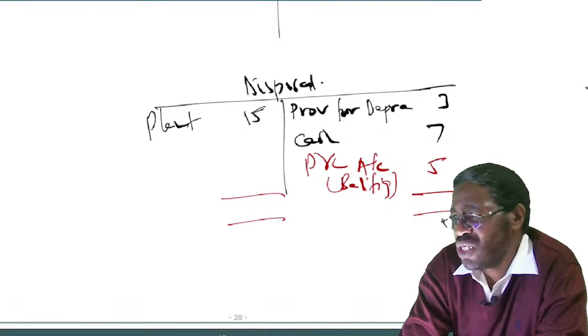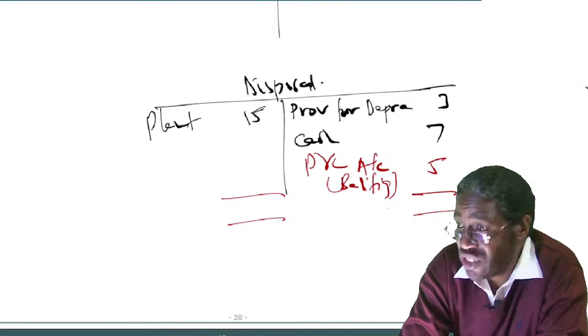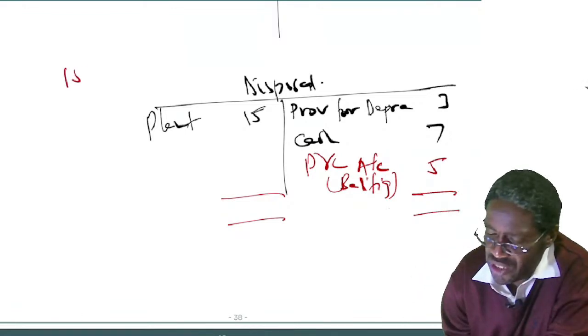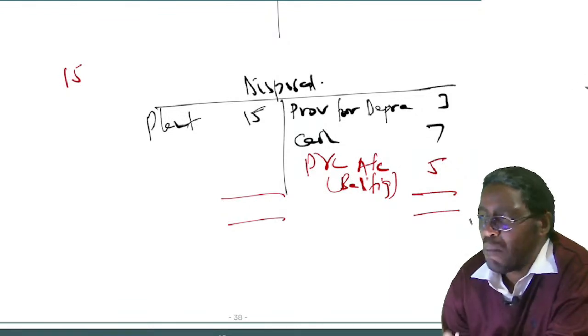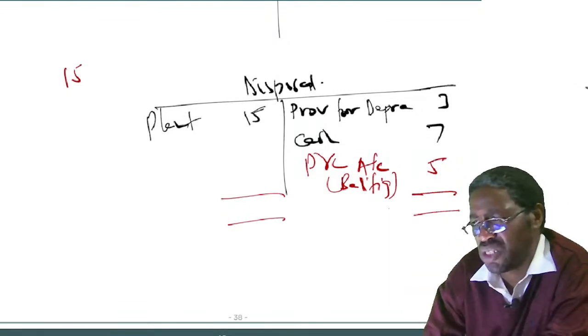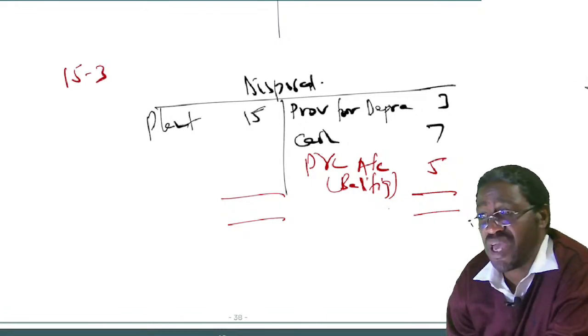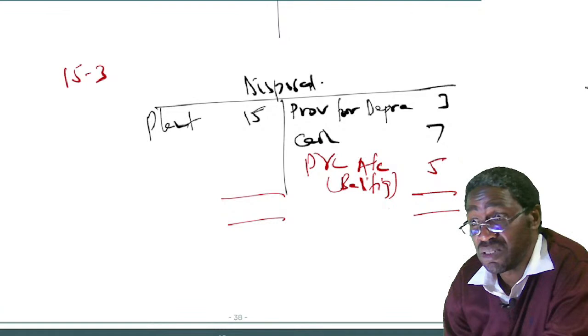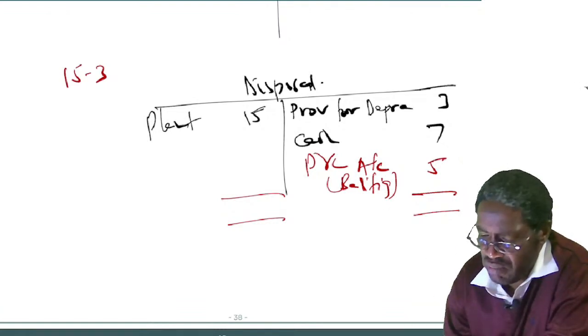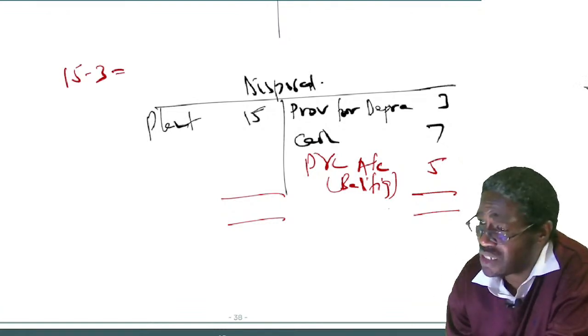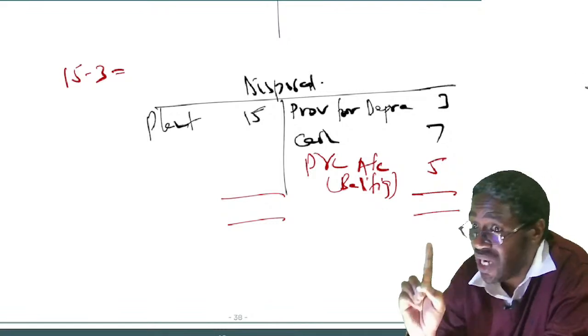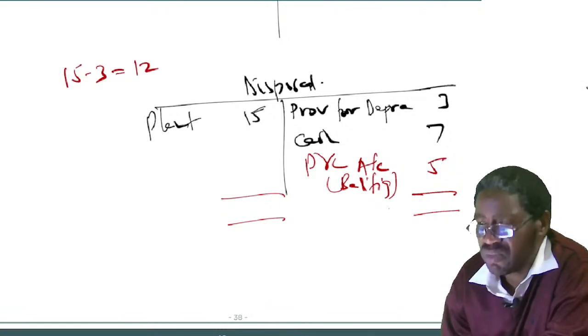The other way of knowing it is this: this plant cost us 15. By the time I was disposing it, it had lost value through depreciation by how much? 3. It means that by the time I was disposing that asset, it had a book value of 12.